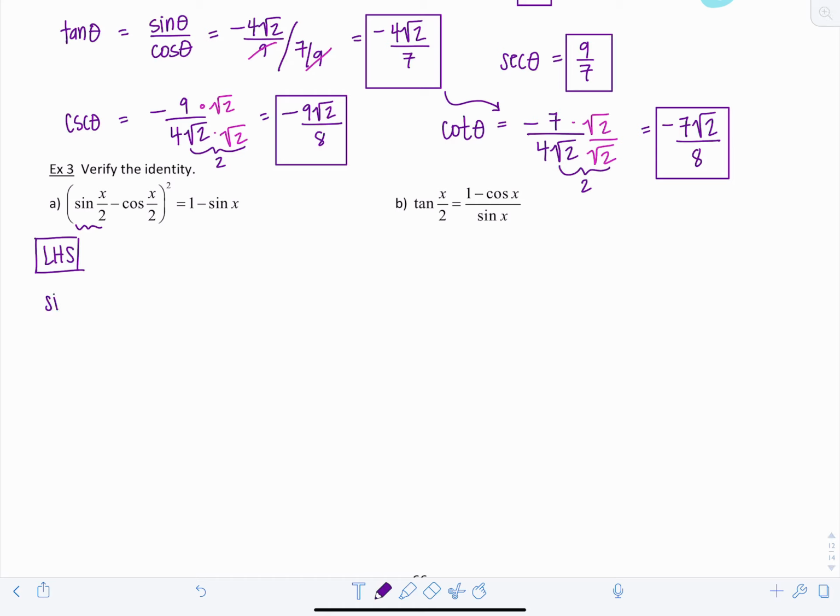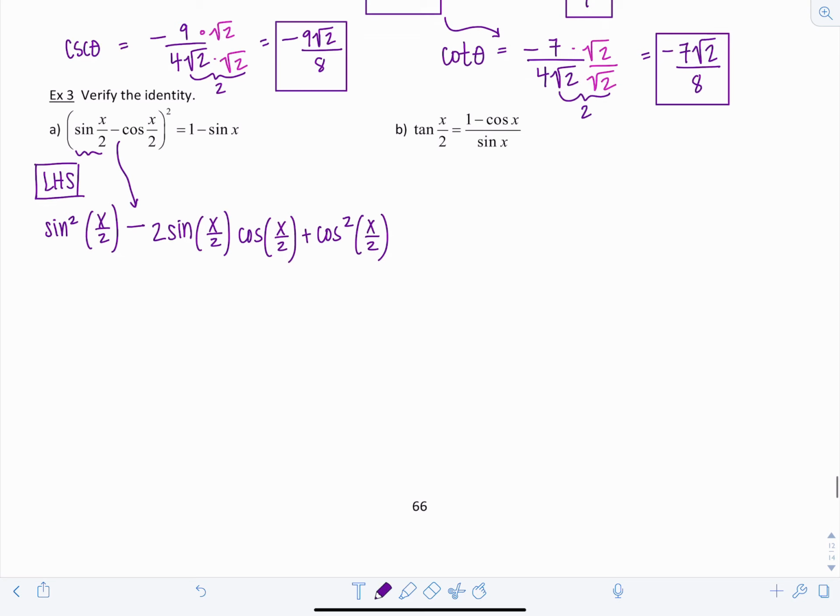So I have sine squared x over 2. And then remember, when you square a binomial, the middle term matches the sign that you see there. So it's going to stay minus. And then I have 2 times sine of x over 2, cosine x over 2, and then always plus the last term squared. So cosine squared x over 2.